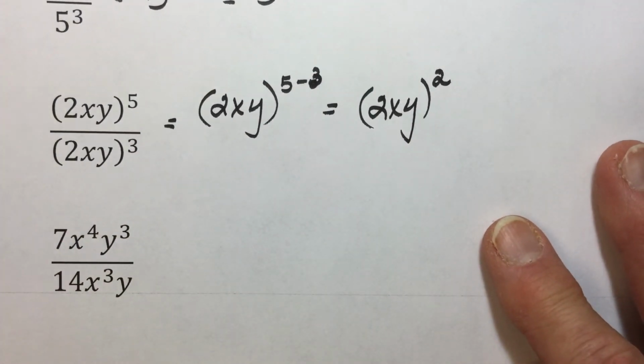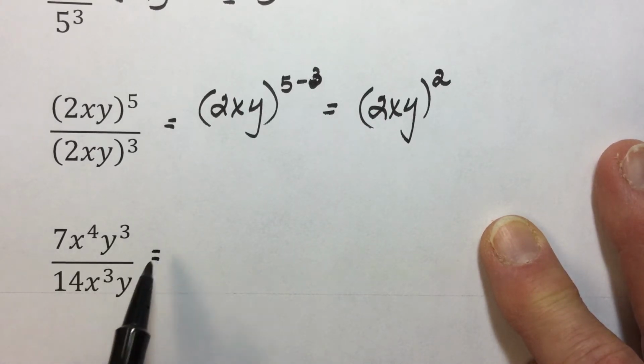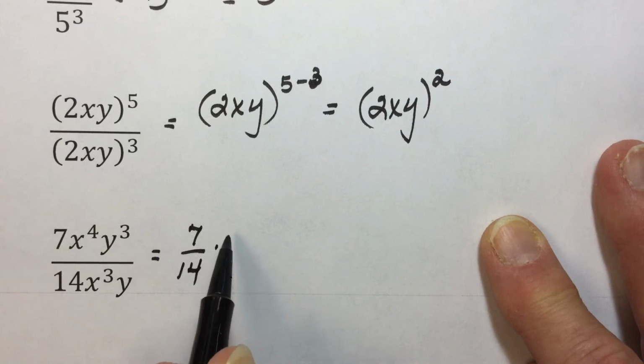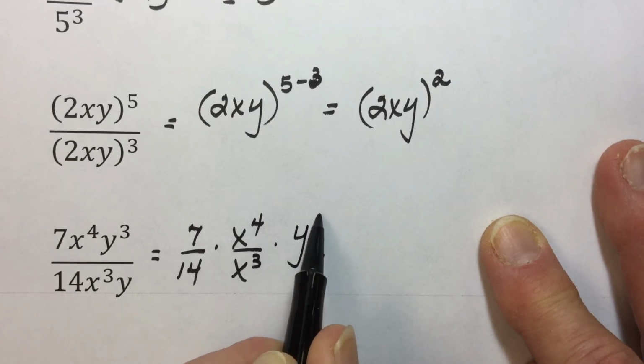In this last example, we can break this fraction up into its parts, and by that I mean similar terms in those fractions so that we have common bases in the numerator and the denominator.